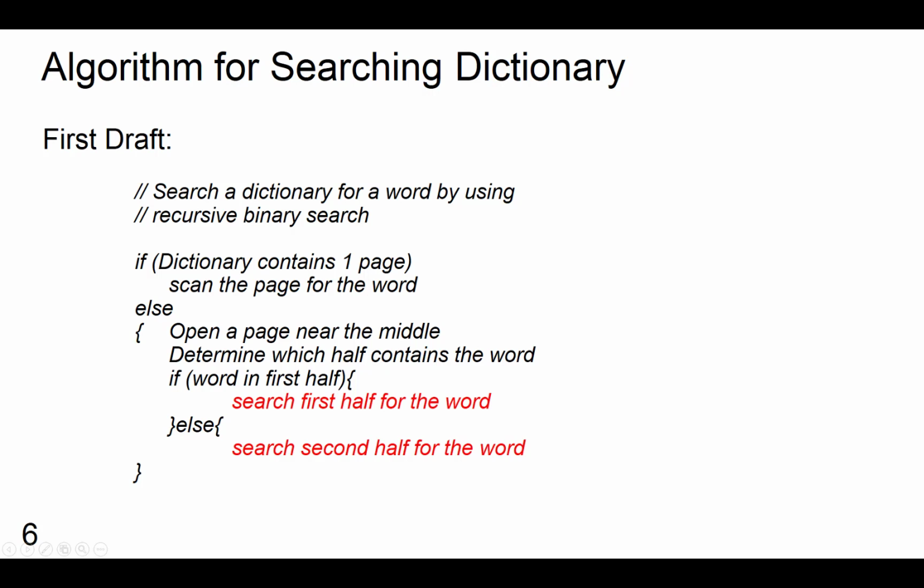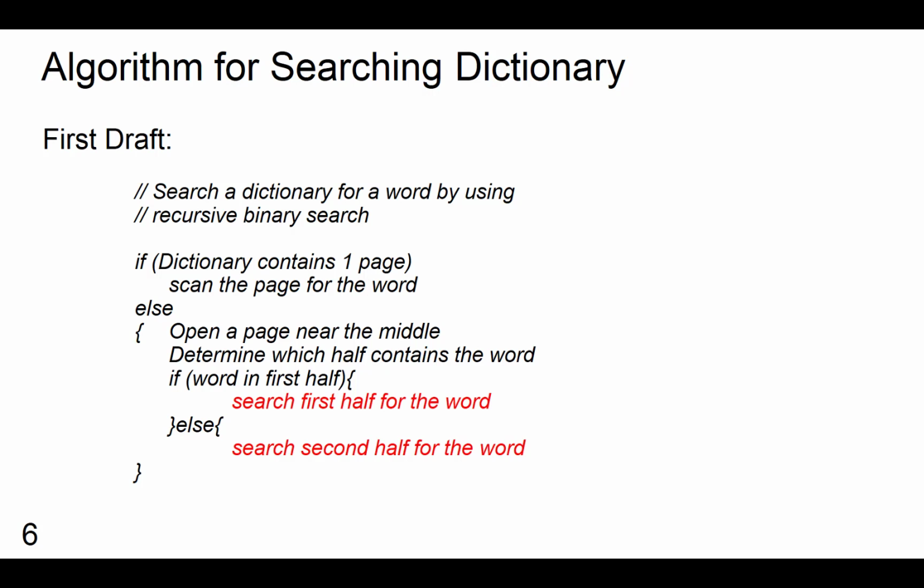For the dictionary problem, we can write the following pseudocode. If the dictionary contains only one page, we check whether that page contains the meaning of the word or not. If no, that's it. That is the failure case. If it does, we just retrieve the meaning of the word.